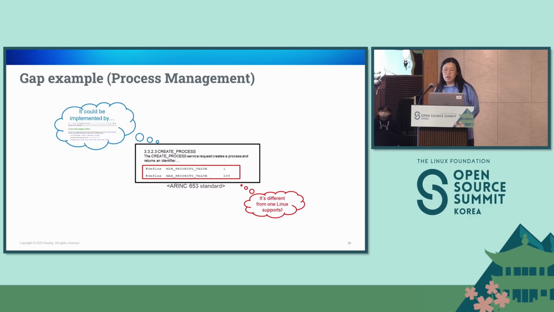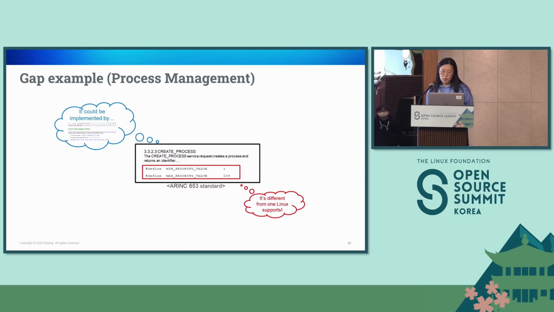However, if we look at the attribute struct for process creation, as you may recall, we need to specify a priority attribute for each process. And as you can see, the priority range is specified between 1 and 239, where 239 is the highest.